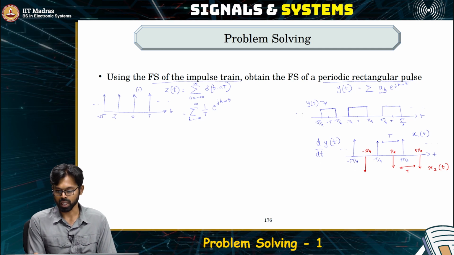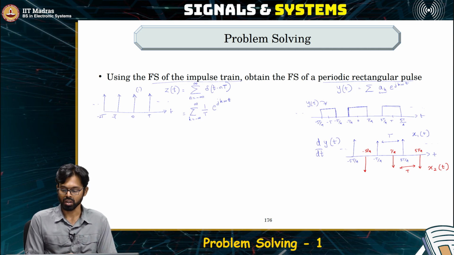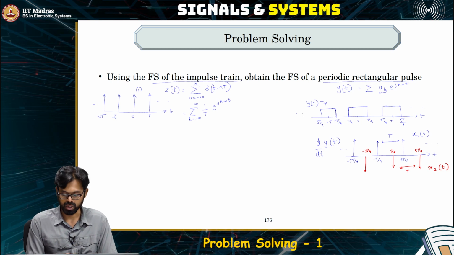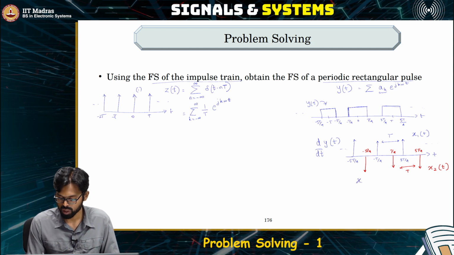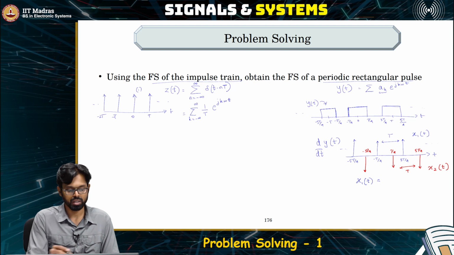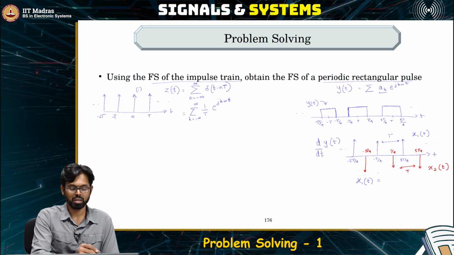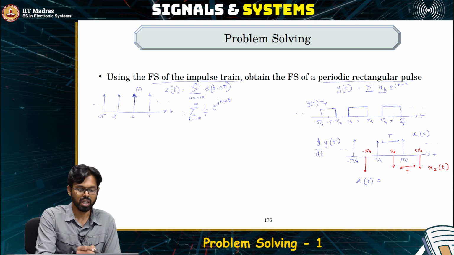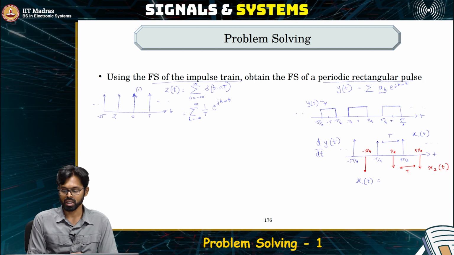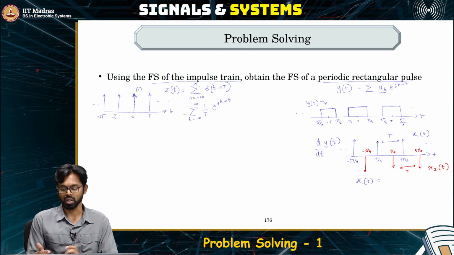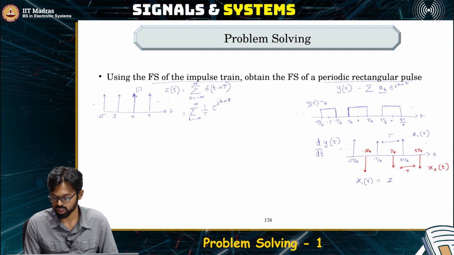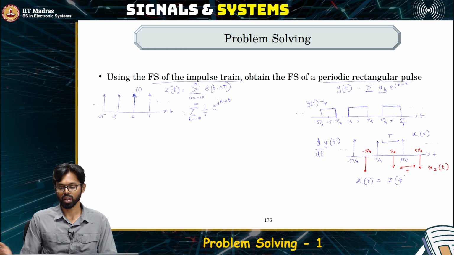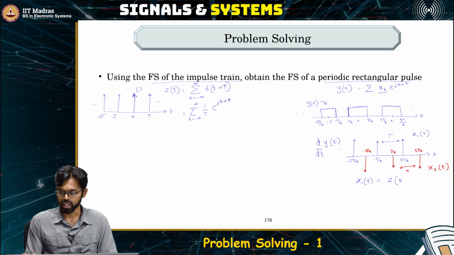So the time between any two impulses in these is exactly capital T, which means x1 of t is an impulse train. But the impulse train here actually has an impulse at 0, and we don't have an impulse at 0 because it is shifted now. So in other words, x1 of t is nothing but z of t shifted to the left by T/4.